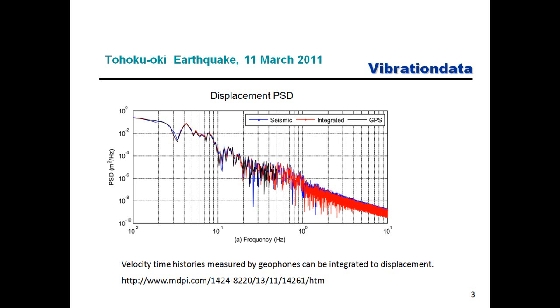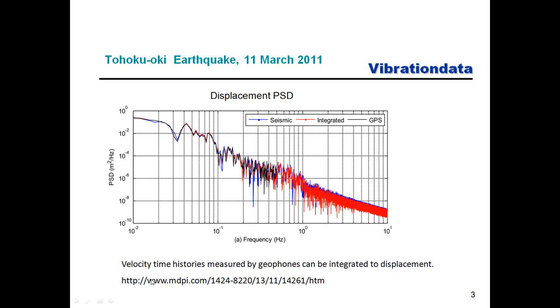And this is some seismic data that was also measured in Japan, and it's presented as a displacement power spectral density. So the y-axis is PSD, meters squared per hertz. The x-axis is frequency in hertz.